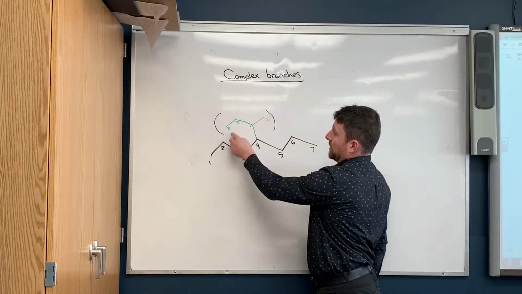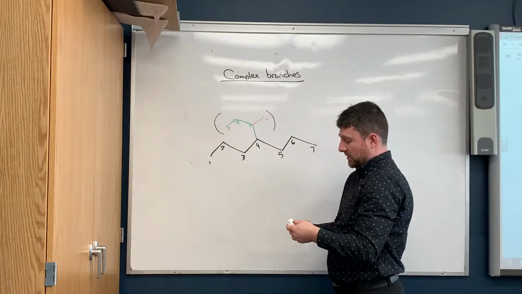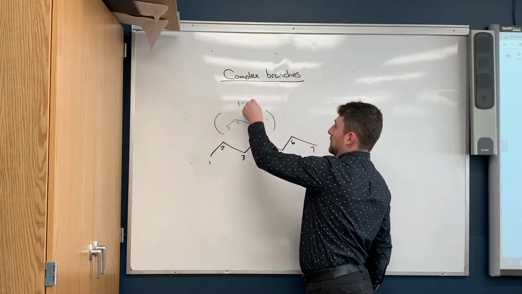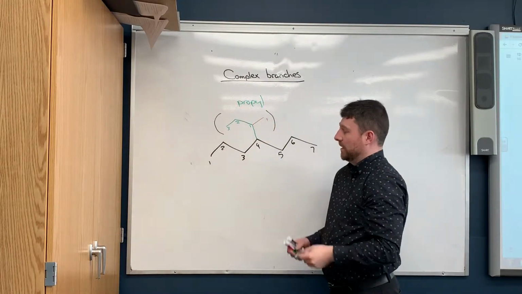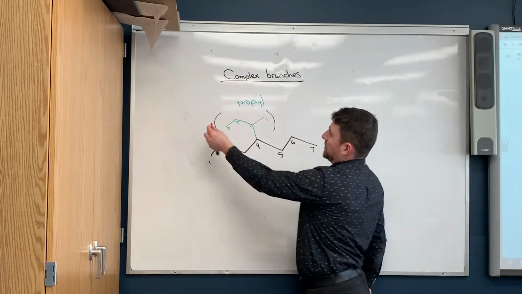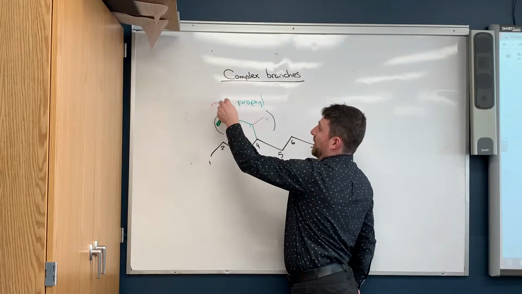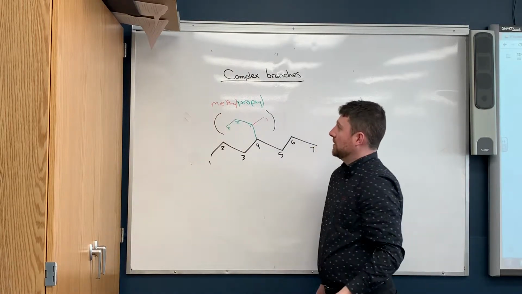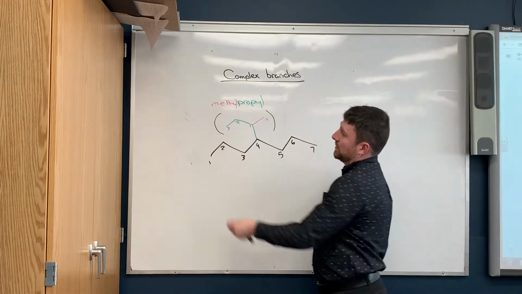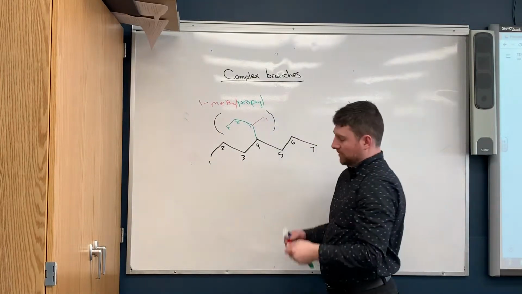And so since 3 is longer than 1 and 2, this is going to be a propyl branch. Okay. And since the other red part of our branch is 1 carbon long, it's going to be a methyl propyl branch. And that methyl group is coming off of the 1 carbon. So it's 1 methyl propyl.